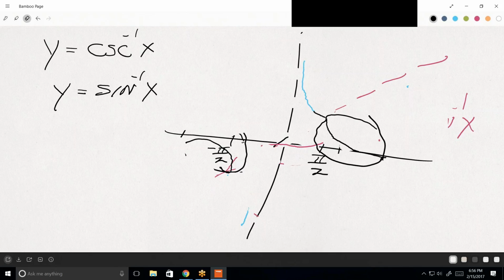If I did inverse sine, it only goes between minus pi over 2 and pi over 2. It doesn't have a second period. There's no second period for these inverse functions. There's one period only, and this is it, the way I've drawn it.